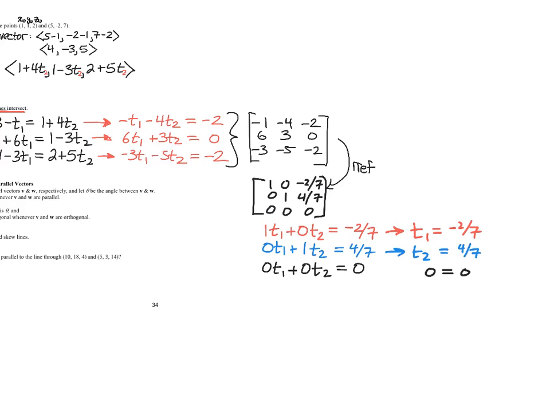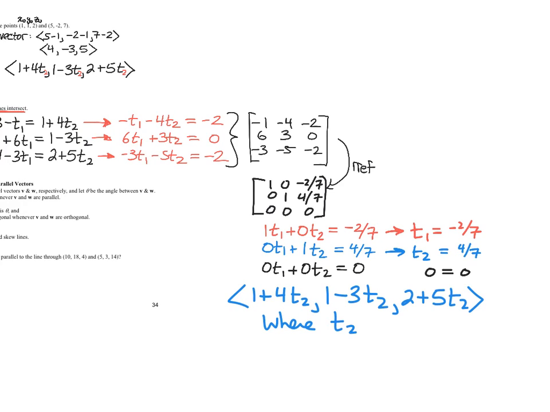So I'll take my, well, it's visible on my screen right now, so I'll take my second equation. So 1 plus 4t2, comma 1 minus 3t2, comma 2 plus 5t2, where t2 is equal to 4/7.